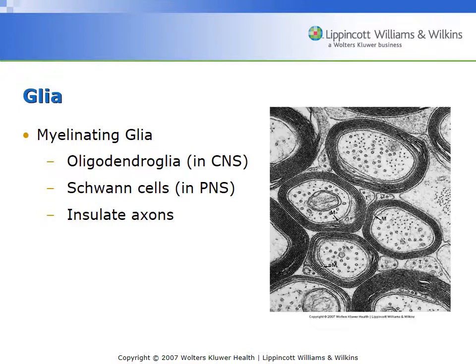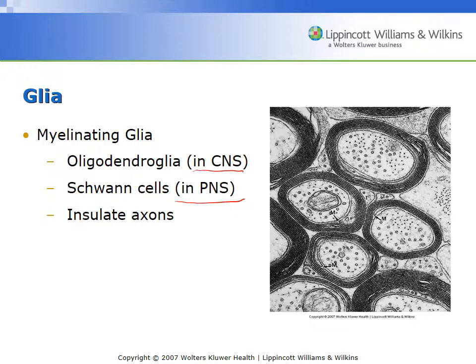Another prominent group of glial cells are myelinating glia, which include the oligodendroglia or oligodendrocytes and Schwann cells. They are very similar to each other in their function. Oligodendroglia is in the central nervous system, whereas Schwann cells are in the peripheral nervous system. Their function is basically insulating the axon.